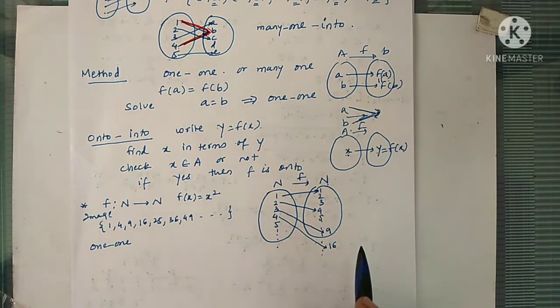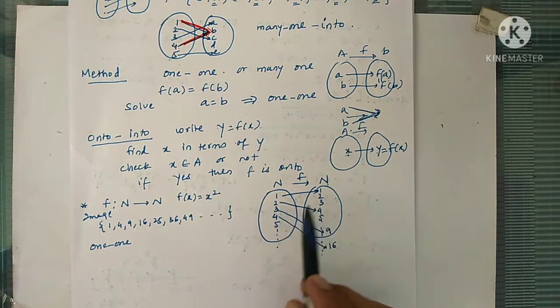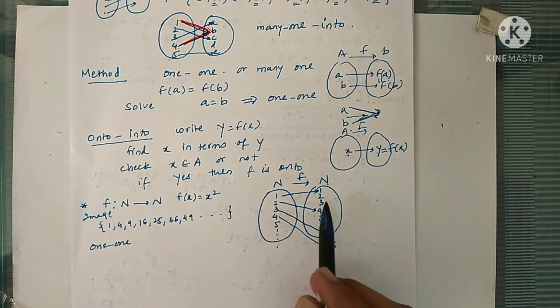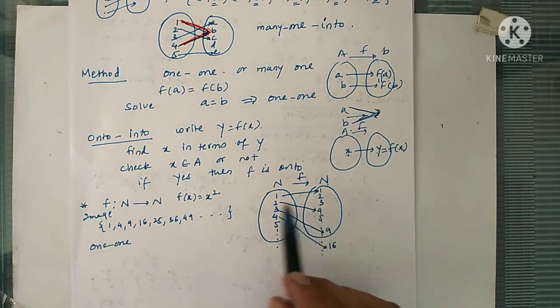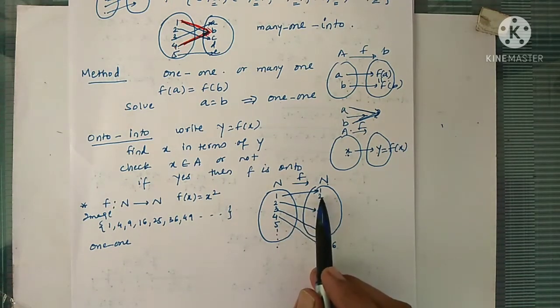Now let's check whether it is onto or into. It is very clear that 2, 3, 5, 6, 7, 8, all these elements do not have an arrow there. That means they do not have a pre-image in set N. Is there any natural number such that the square of that natural number is 2, or is 3?